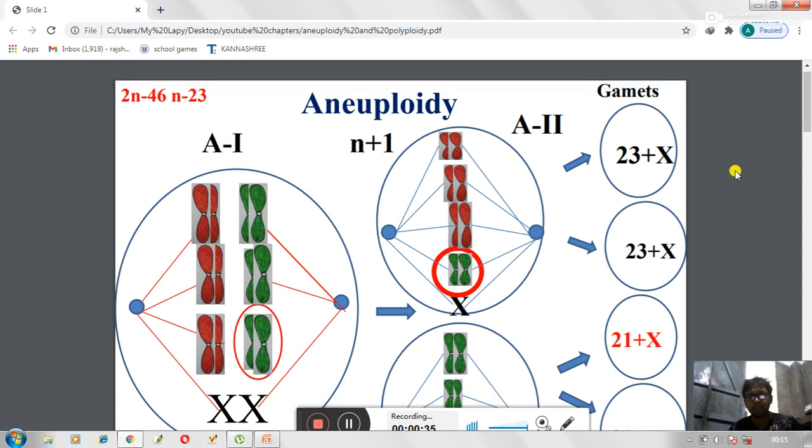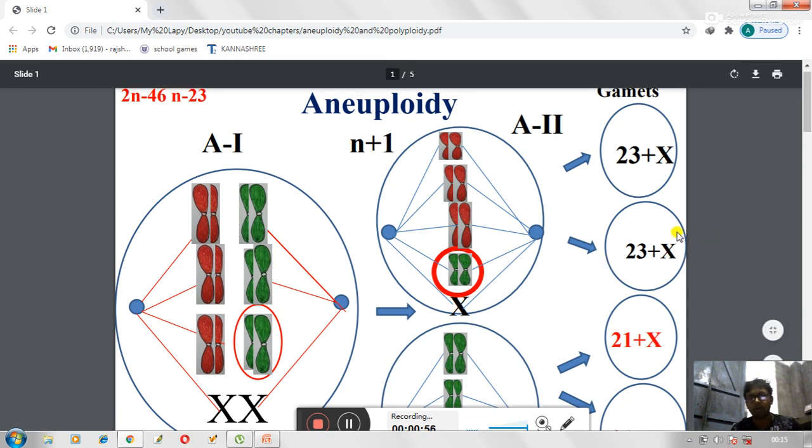Aneuploidy is a phenomenon where the chromosome number in a gamete is reduced or increased relative to the normal haploid number of chromosomes, so that they can develop either n+1 or n-1 gametes.